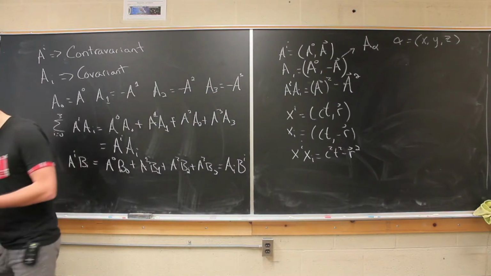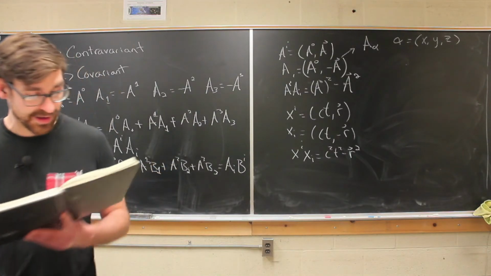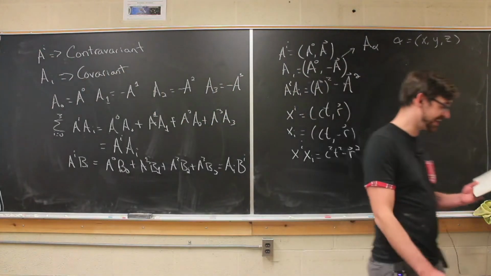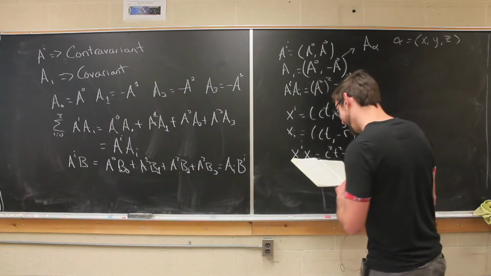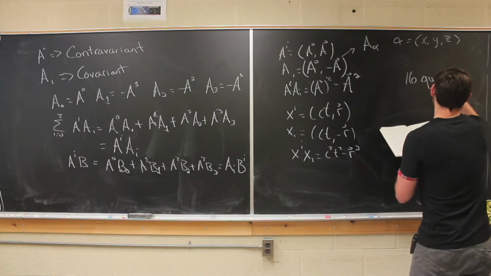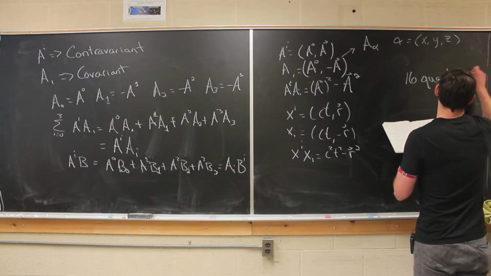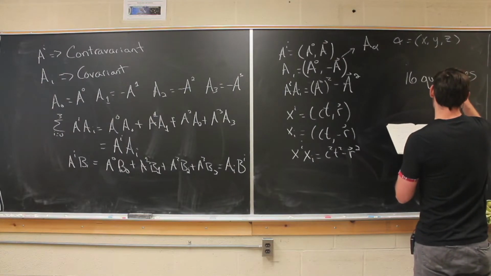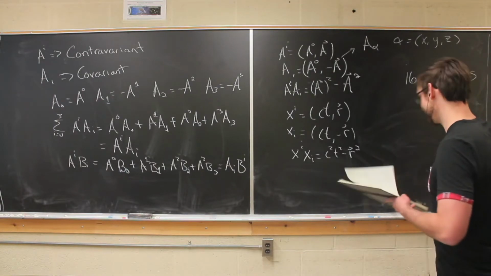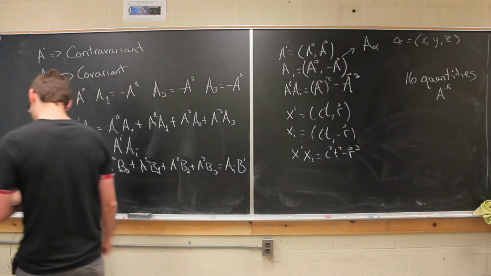Yeah, okay, so let's keep going with this. A 4-dimensional tensor of the second rank is a set of 16 quantities, A^ik. This is not a good definition of what a tensor is, but let's use it anyways.